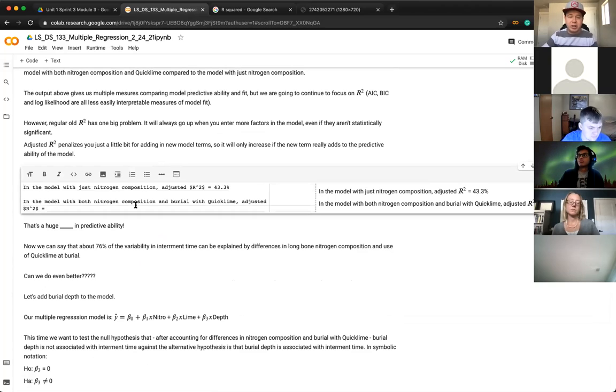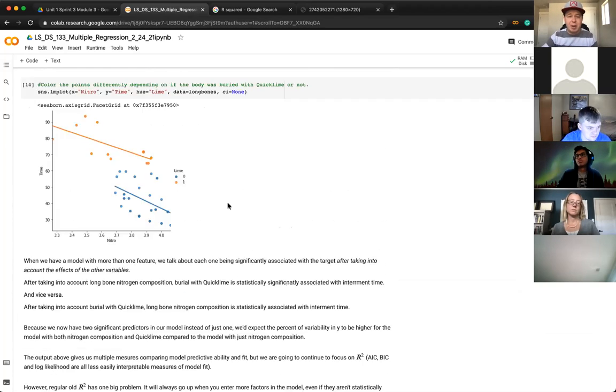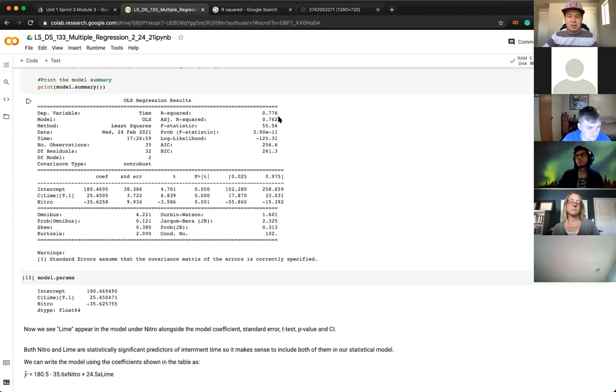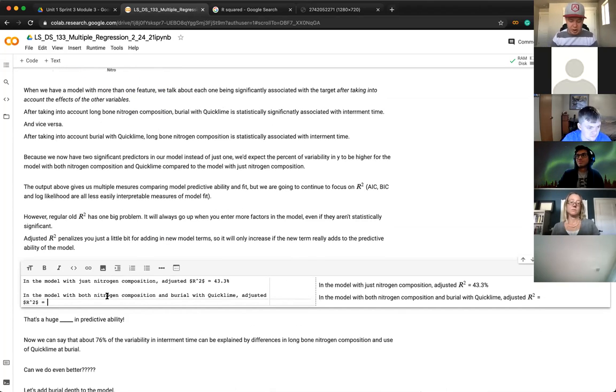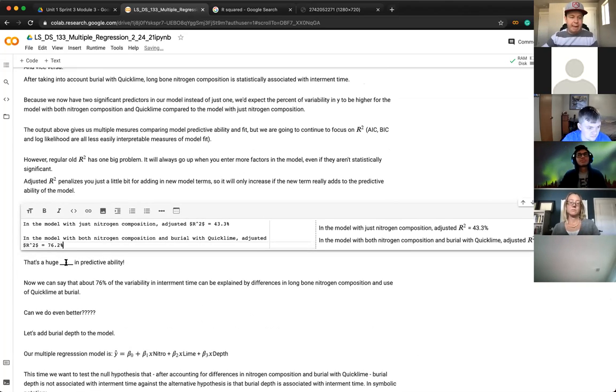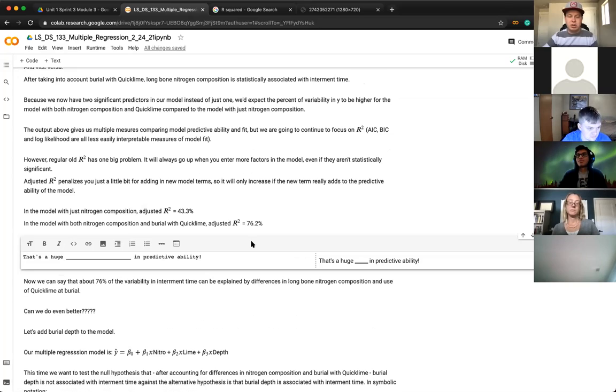And in the model with both nitrogen composition and burial with quicklime, the adjusted R squared was 76.2%. That's quite a large jump. That is huge. Huge what? There's a huge increase in predictive ability. We're explaining a lot more of our Y variable now than we were before.